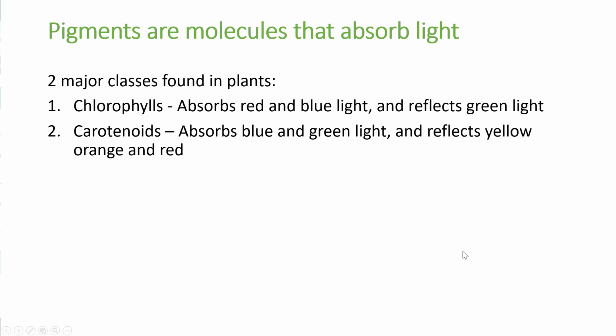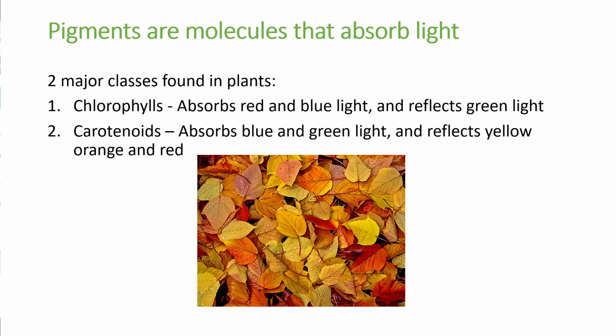Those are not the only kind of pigments we find in plants. We also find carotenoids. Carotenoids absorb more blue and green light, and they reflect yellow, orange, and red light. And actually, when leaves start to change color in the fall, like in our image here, what's happening is the chlorophylls have started to break down due to the cold temperatures, and the carotenoids haven't broken down yet.